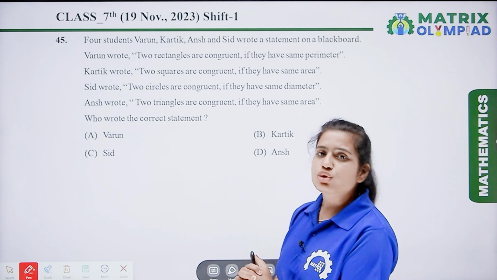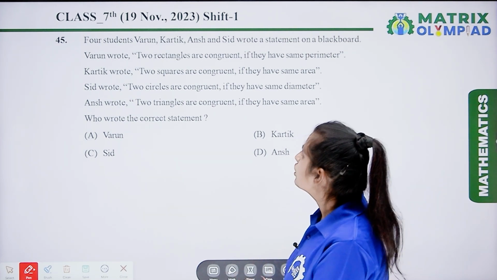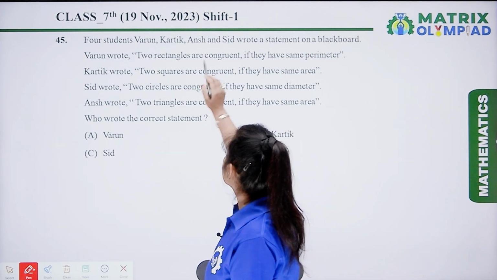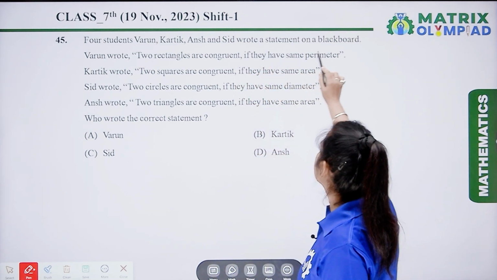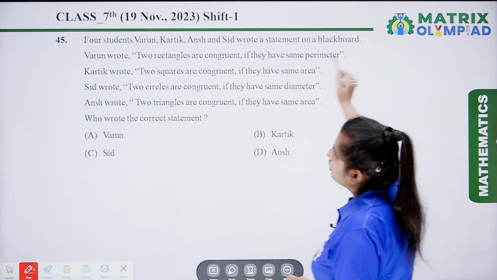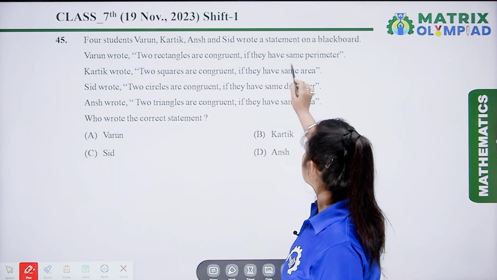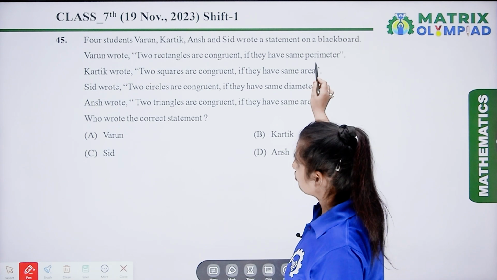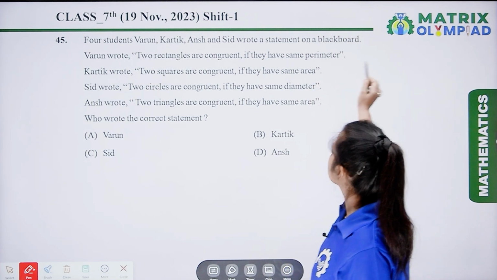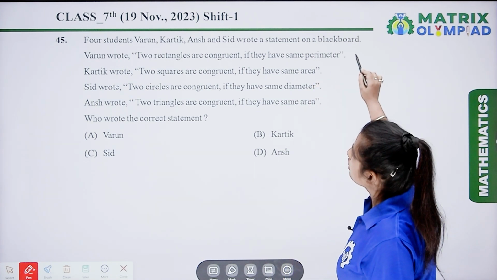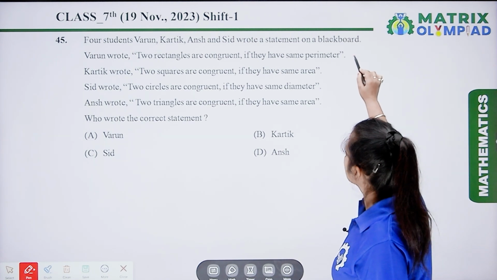Now the next question is question number 45. 4 students, Varun, Karthik, Ansh and Sid wrote a statement on a blackboard. Varun wrote, 2 rectangles are congruent if they have the same perimeter. So this statement is not true.